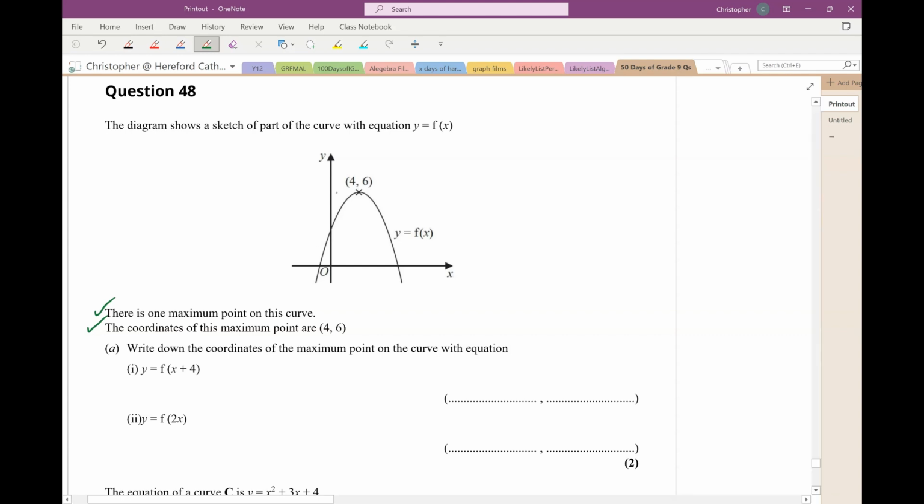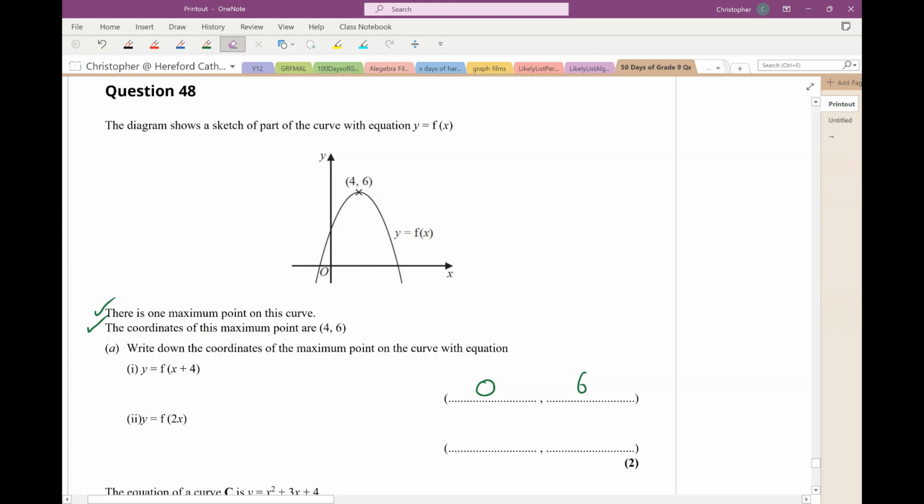That's going to be this curve moved 4 in the wrong direction, so move 4 that way. So it's no longer going to be 4 along and 6 up. It's going to be 0 along and 6 up.